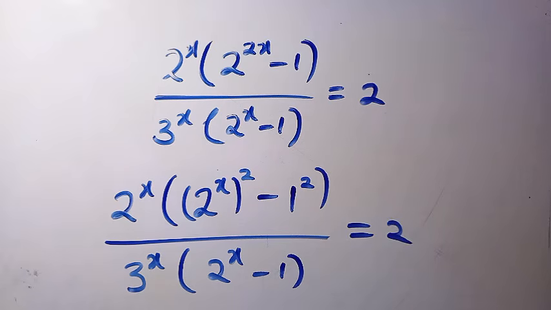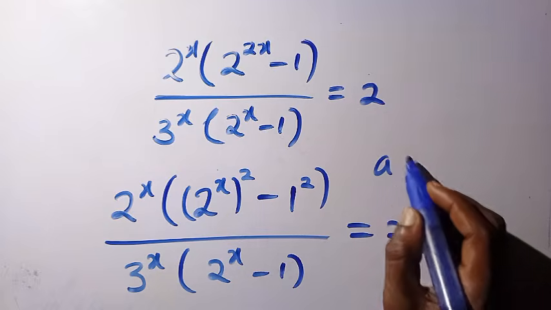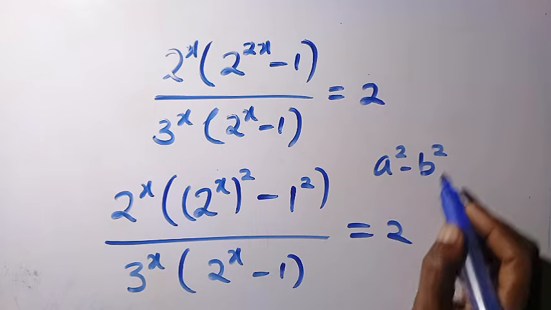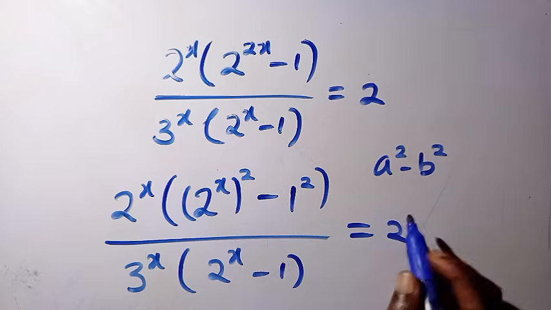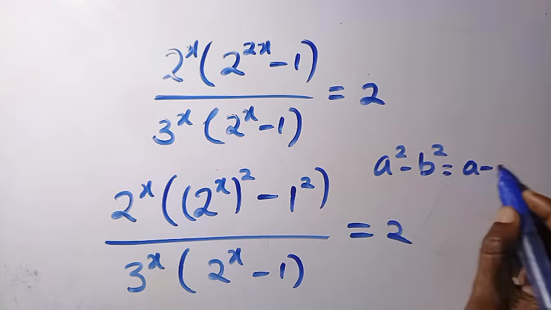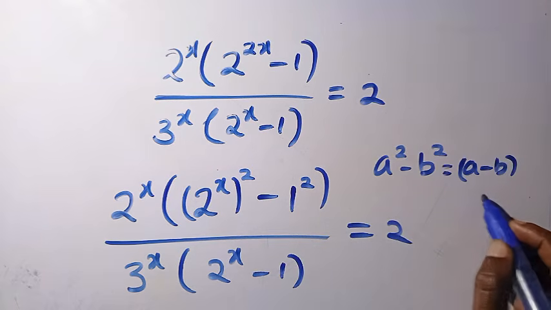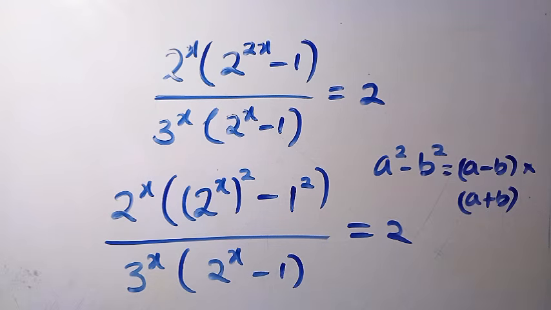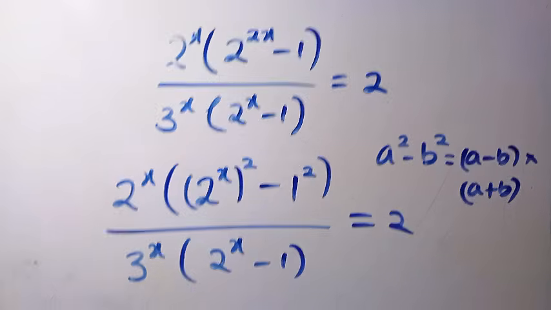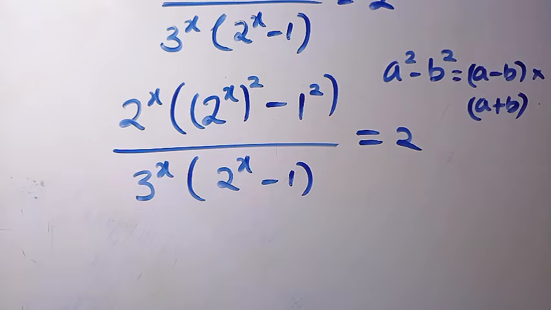From the difference of two squares, if you have a squared minus b squared, consider a as 2 raised to power x and b as 1, the result is a minus b, then multiplied by a plus b. So let's apply it to this so that we can cancel 2 raised to power x minus 1.